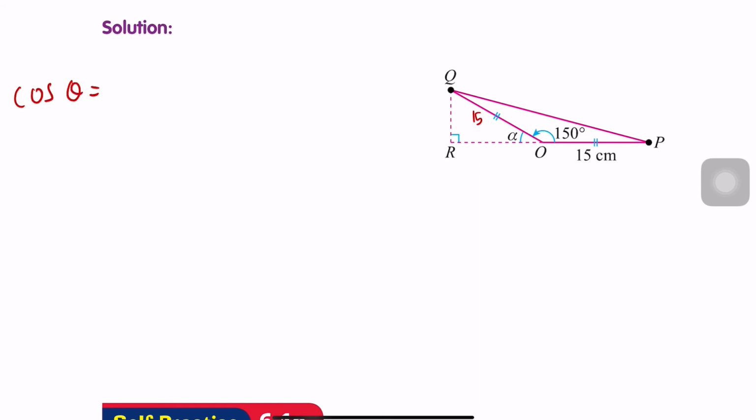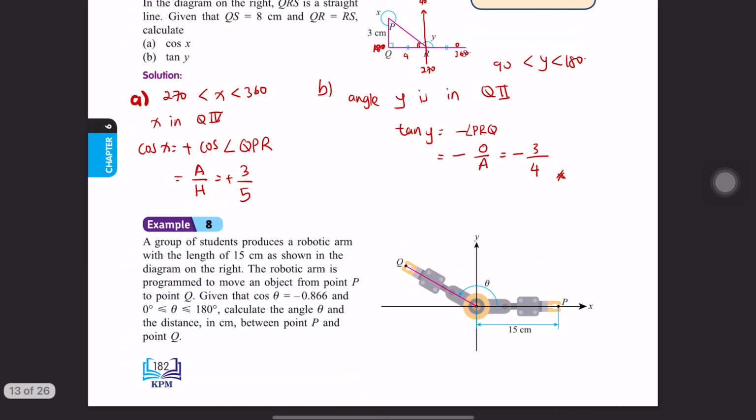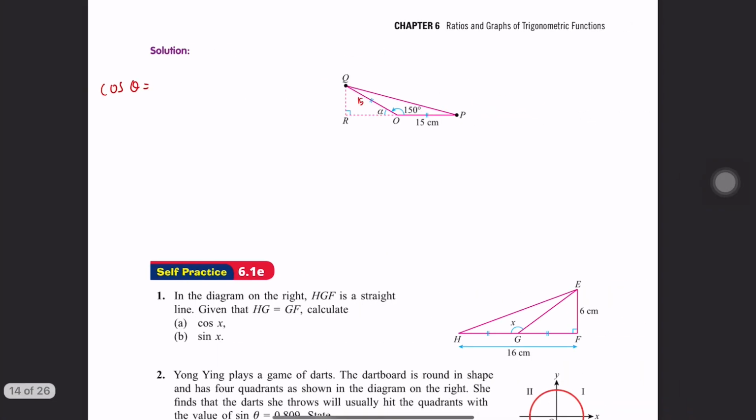So before that, cos theta from the question is negative 0.866. Okay, so kita tengoklah sini. Macam tadi tu kan, corresponding. So theta shift cos 0.866. So we get 30 degrees.